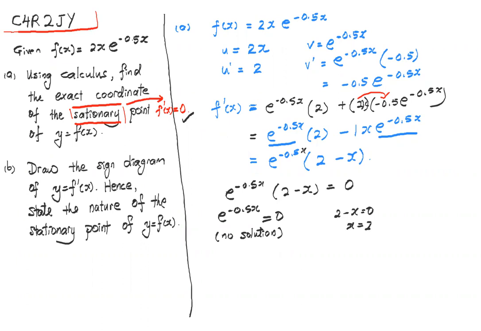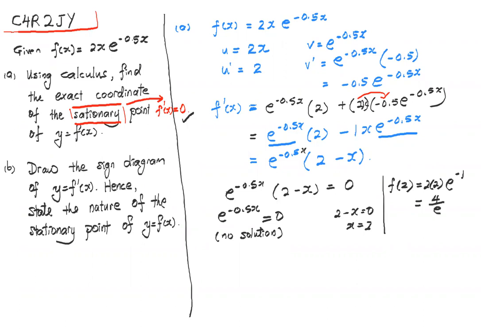But they want the coordinates of the stationary point. That means now I have to get the y value. So I have to put into my y function, that is f(2). So 2 times 2, e to the power negative 1. Can I just straight away write like that? So it will be 4 over e.